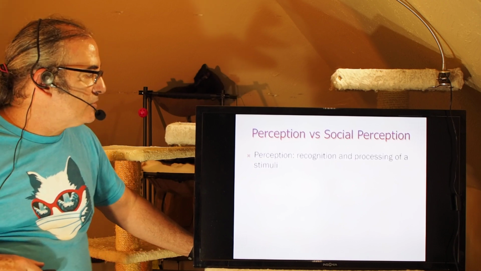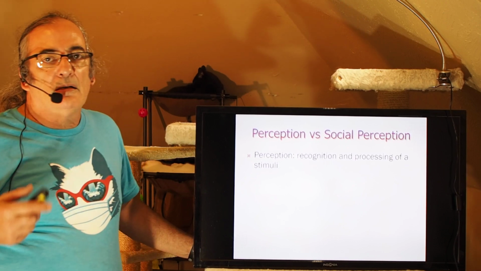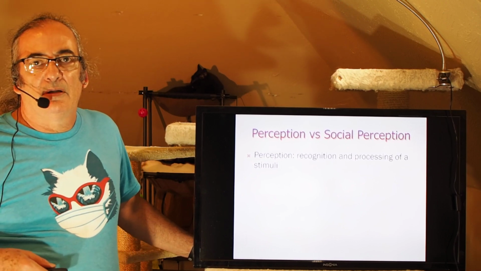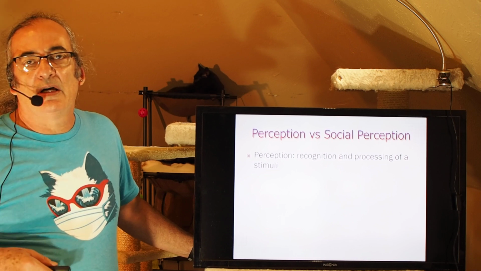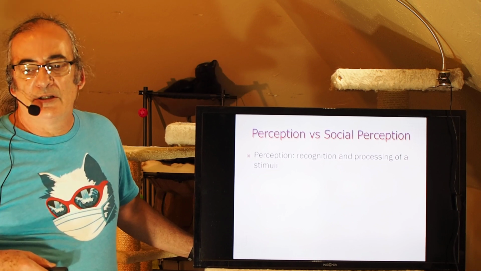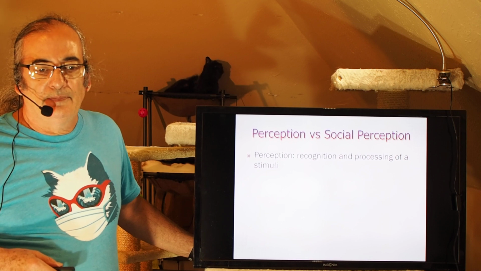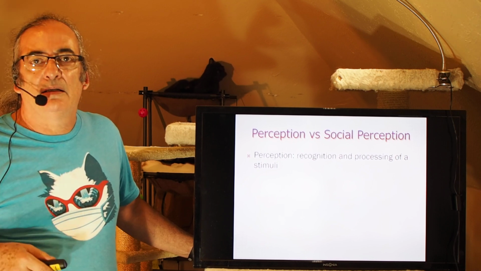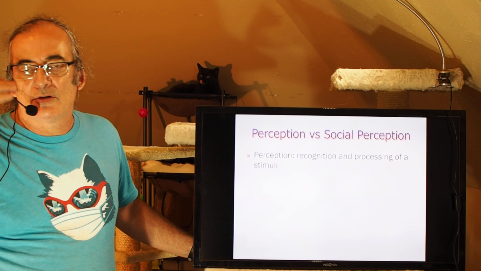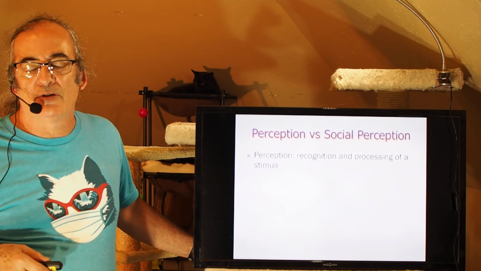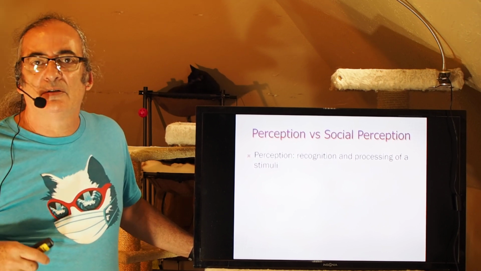Now, perception versus social perception. Cognitive psychologists would study perception, and one of my favorite instructors when I was at Irvine was Dr. Charlie Chubb, and he studied the eye and how the eye interfaces with the brain and the visual perceptual process. It's a very narrow field to study.